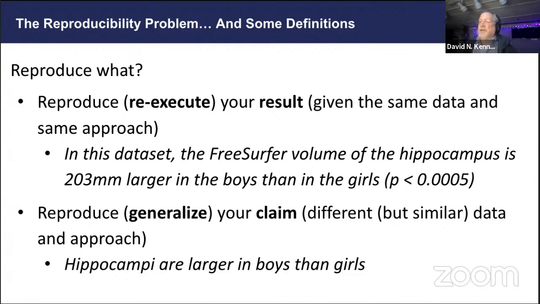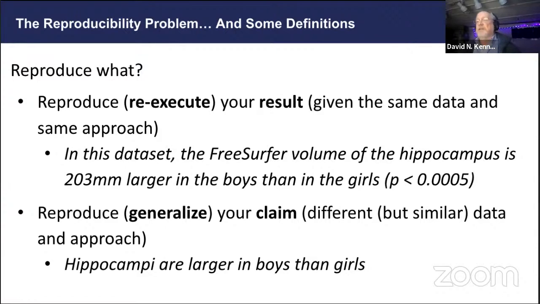It's an important foundation point. The slightly more interesting scientific question is reproducing in the sense of generalizing the claim: when I use different but similar data and a different but similar approach, can I generalize? Can I reproduce the same claim that came from my original observation? The general claim might be that hippocampi are larger in boys than in girls.